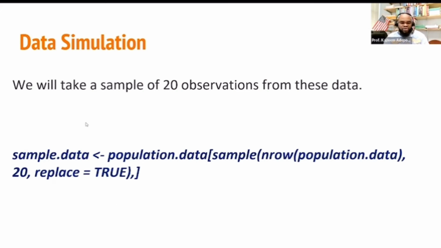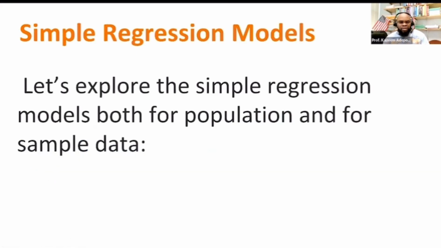Now, what I'm going to do next is let us now exploit the simple regression model. We're going to exploit the simple regression model on the population data. We're going to observe what we have in terms of regression coefficients, the standard error, along with other stuff.